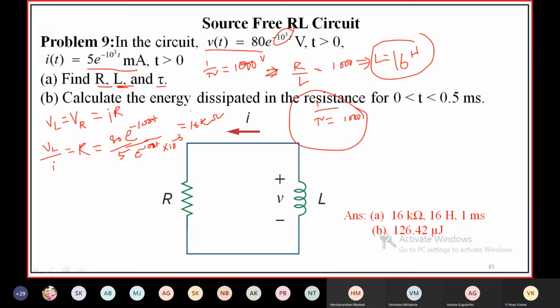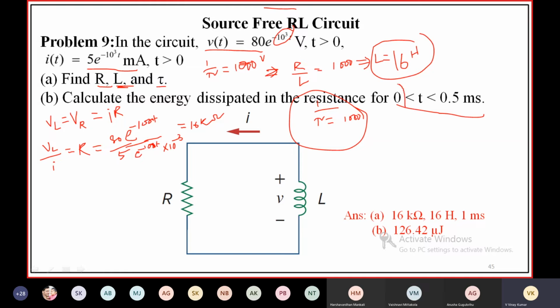Next, calculate the energy dissipated in the resistance for 0 to 0.5 milliseconds.